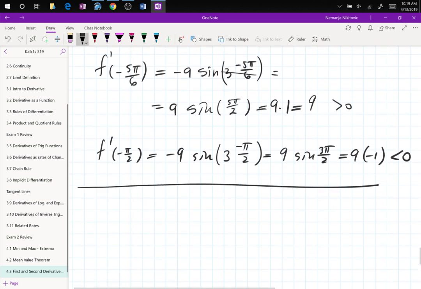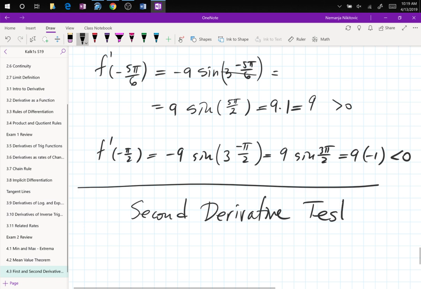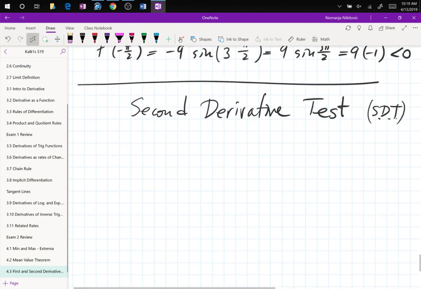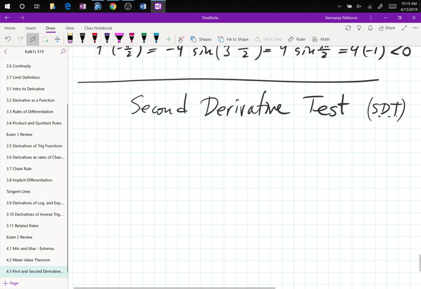Second derivative test, SDT. Second derivative test will have an identical type of calculation.